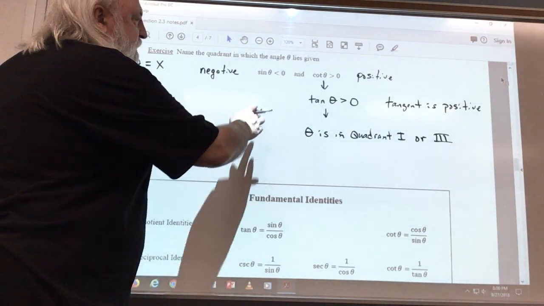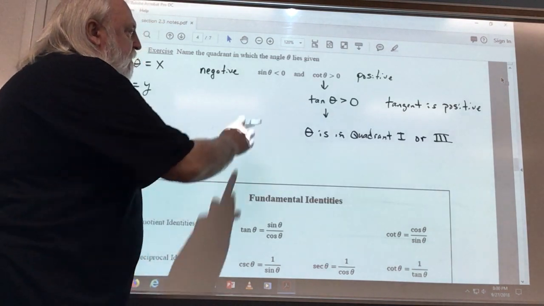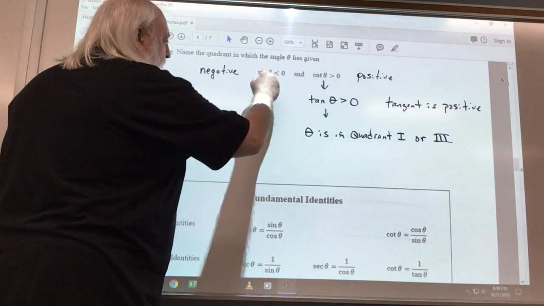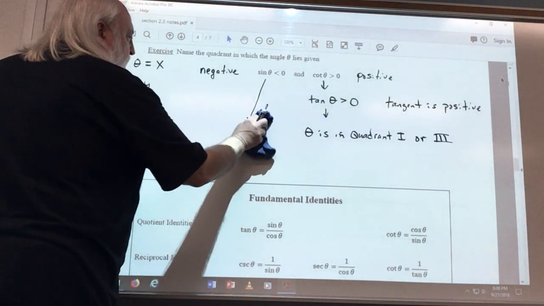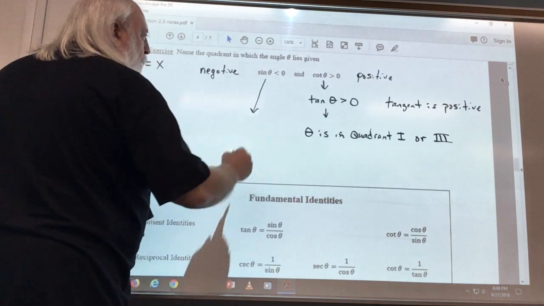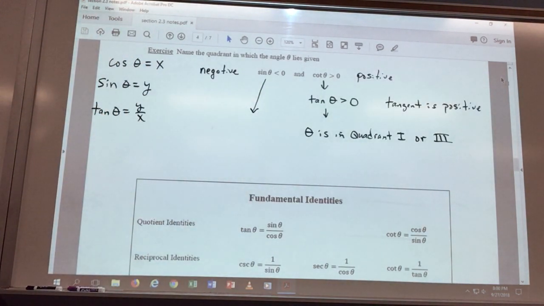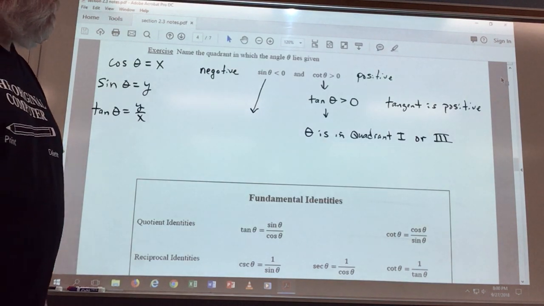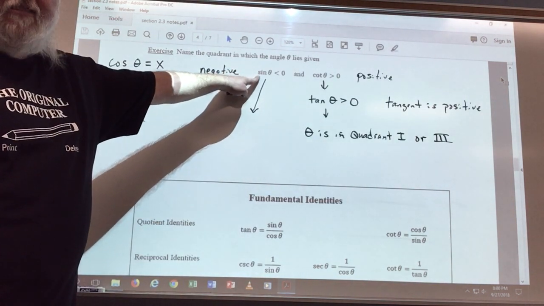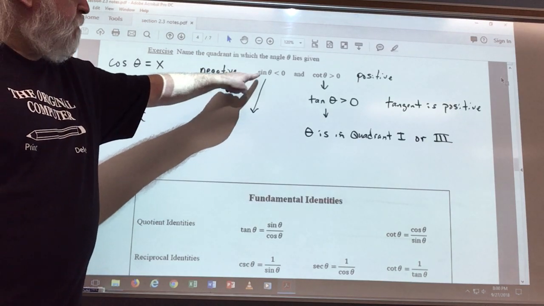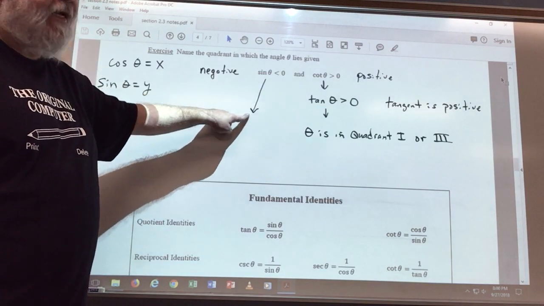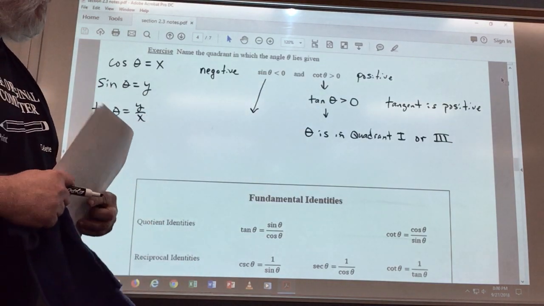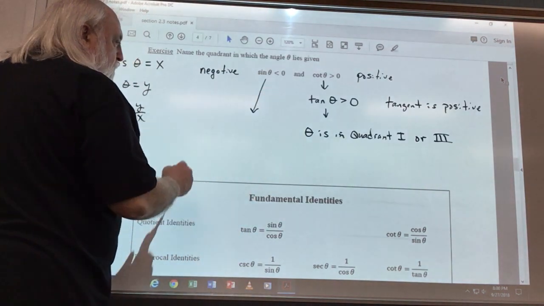Then we have the second piece of information. The sine function is negative for this angle. So if the sine function is negative, what possible quadrants must theta come from? Well, sine's positive in quadrant 1. It's positive from the previous page. It's positive in quadrant 2. Only tangent is positive in quadrant 3. So sine's negative in quadrant 3.